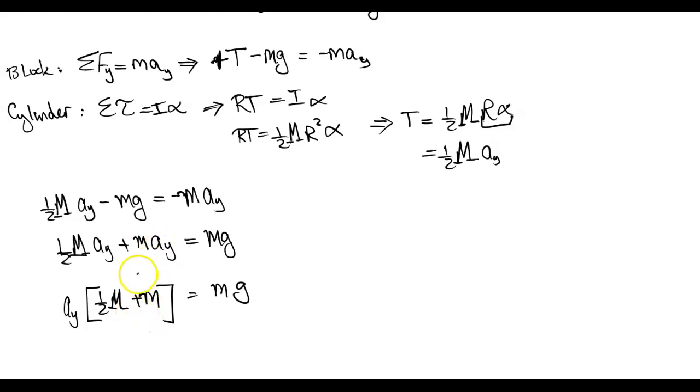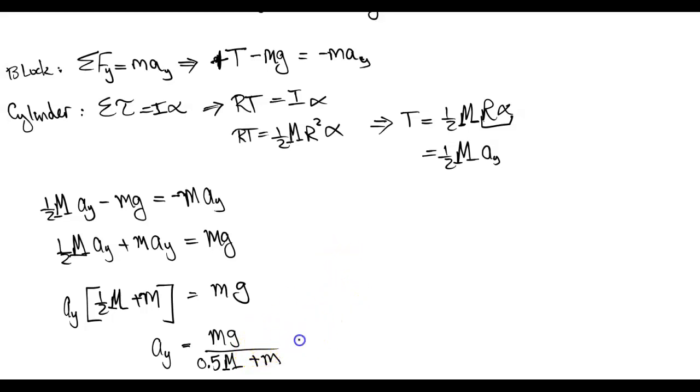And so we can say that a y equals, I'm going to rewrite this as 0.5 big M, so this is little m g over 0.5 big M plus little m. Right?